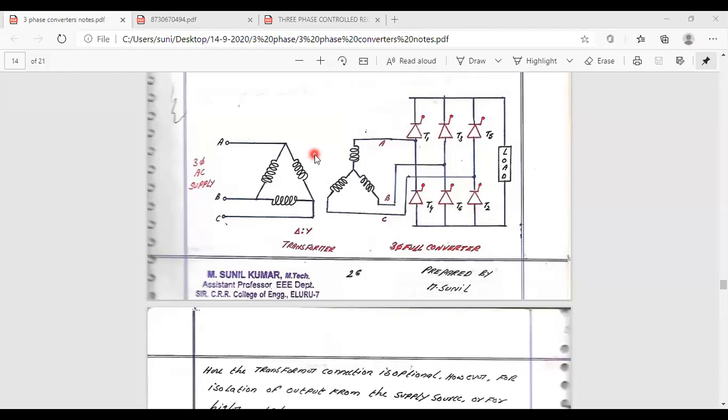I think it is completed. Is it completed?